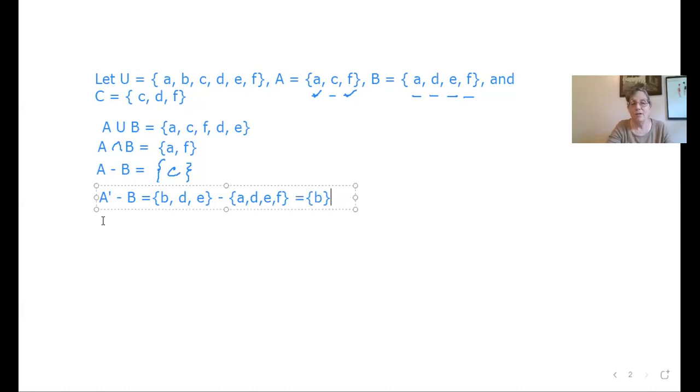So to get the complement of A minus B, first you have to know what's in the complement. Then we're going to subtract anything that's in B.